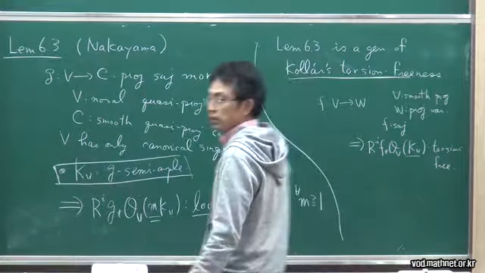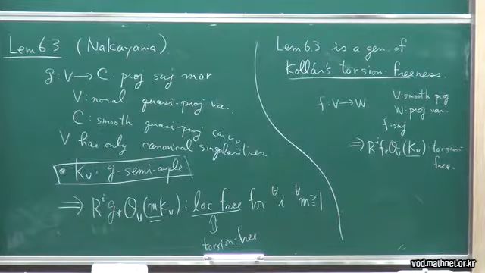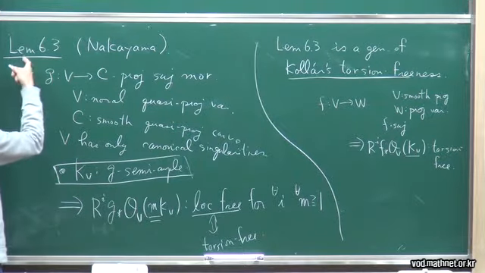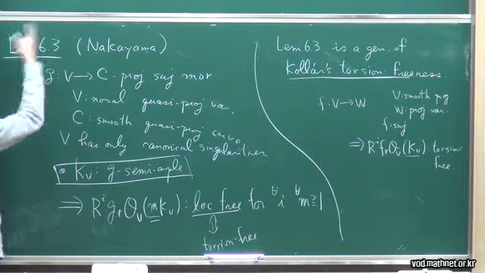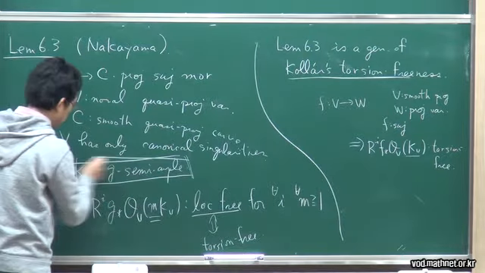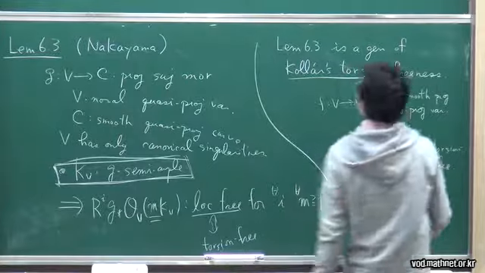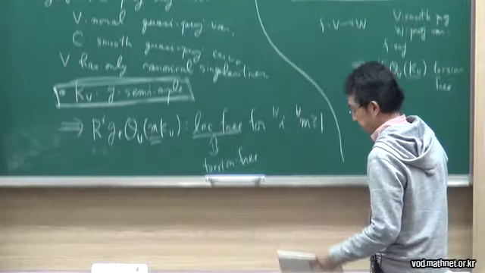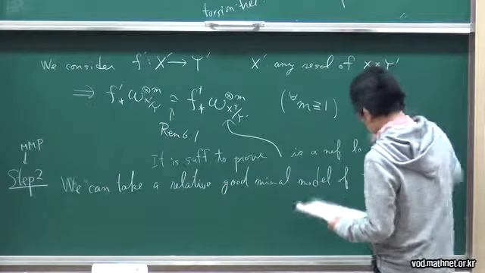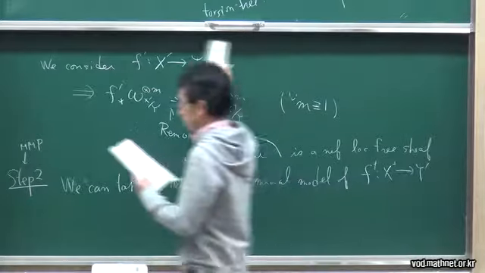So in Theorem 1.4, we assumed the geometric generic fiber has a good minimal model because I'd like to apply this lemma. So this is a very strong assumption.